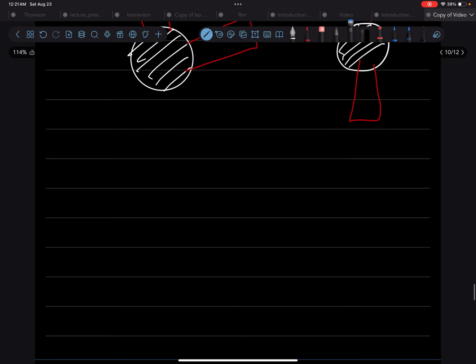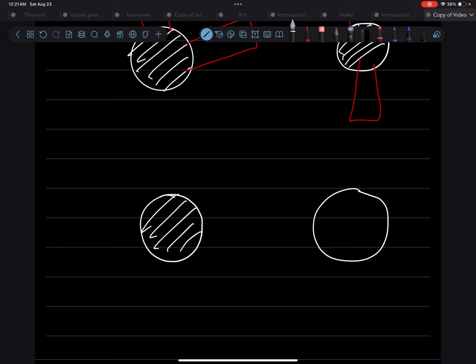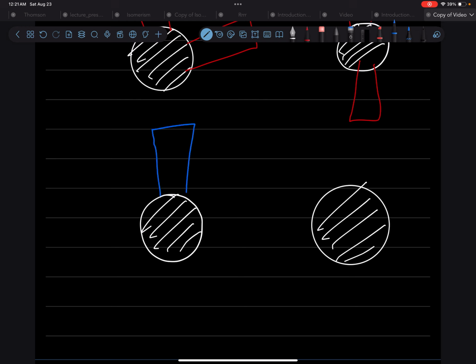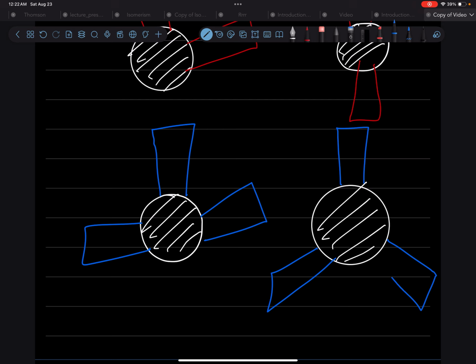Now, if I ask you that you have a central plate for the ceiling fan, so this is the central plate, right? And I give you three blades and ask you to arrange them. Are you going to go like this, or would you go like this?